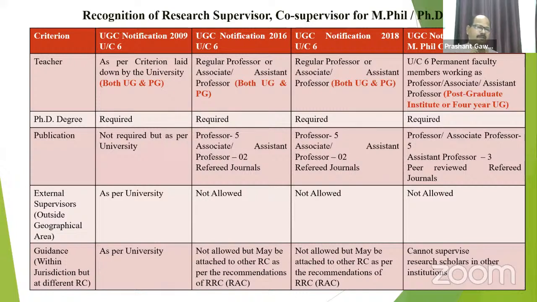During 2016, they wanted regular professor, associate professor, assistant professor, but the criteria of experience were incorporated by the universities by virtue of ordinances and statutes available in the university acts at different states and in the different universities of the state.